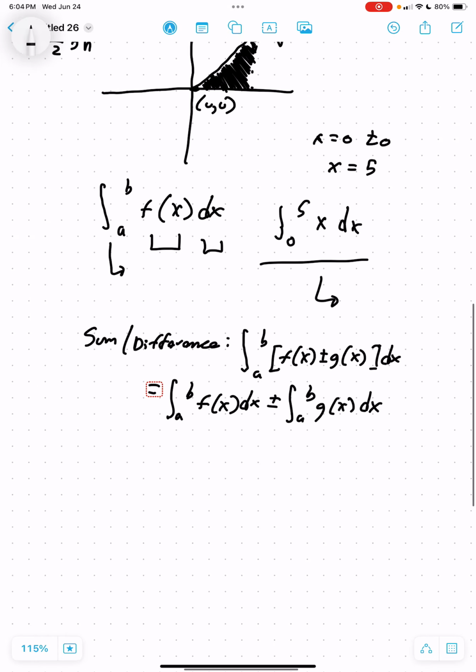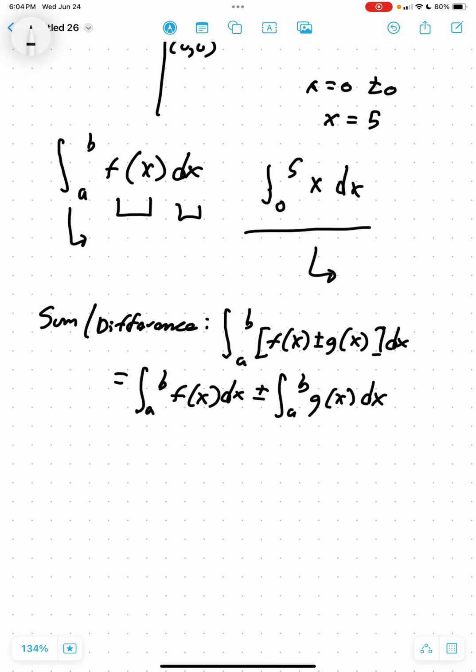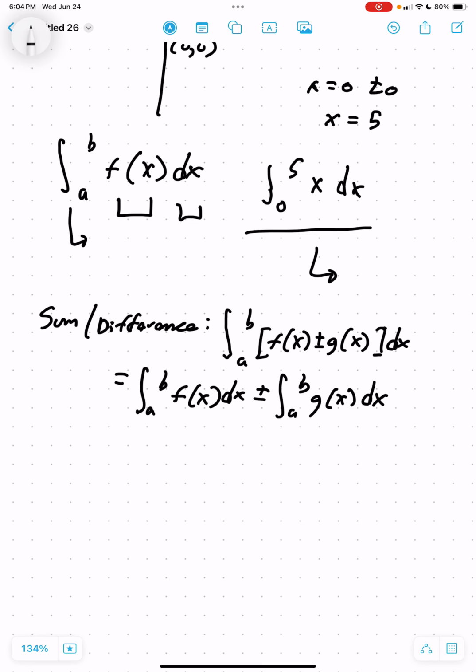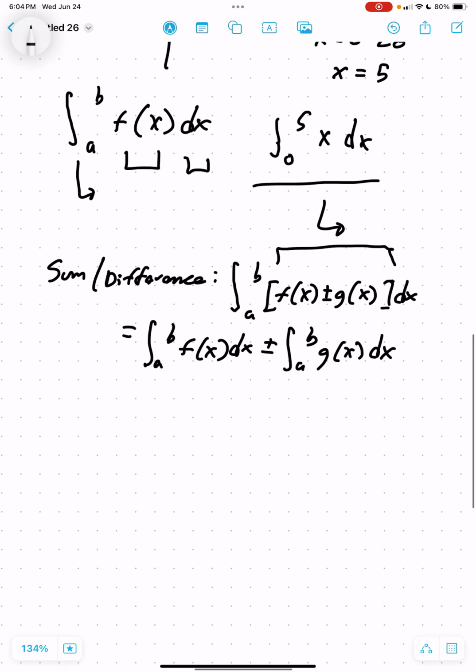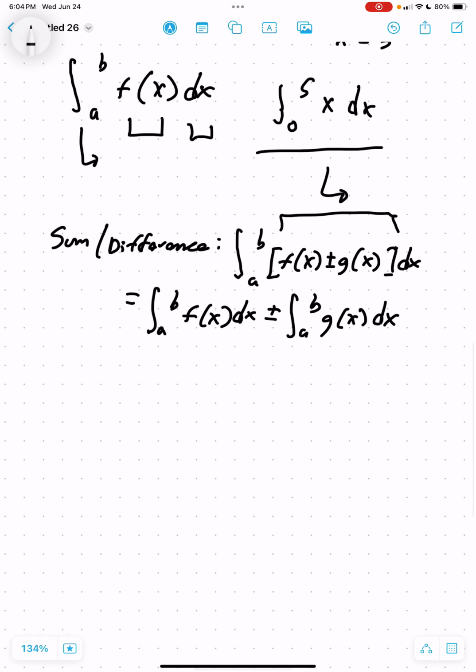And we are indeed allowed to separate it like that. That's why it's called the sum and difference rule. So if I have two functions that are being added or subtracted in my integrand, this is what we call the integrand of an integral, what's inside it, I can then separate it and individually integrate each function on the same bounds.